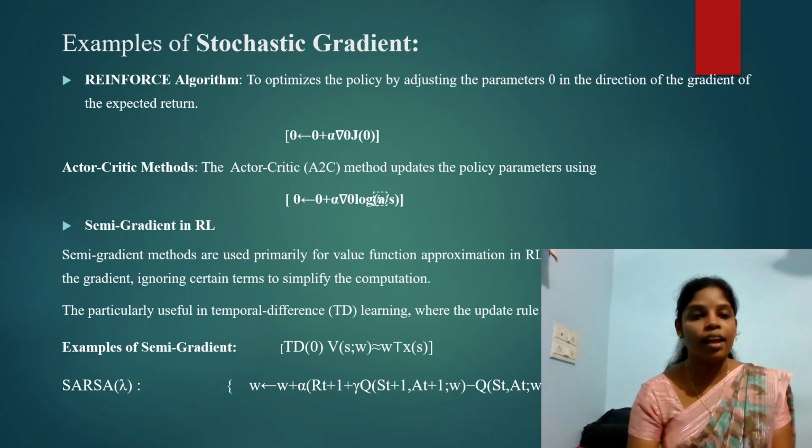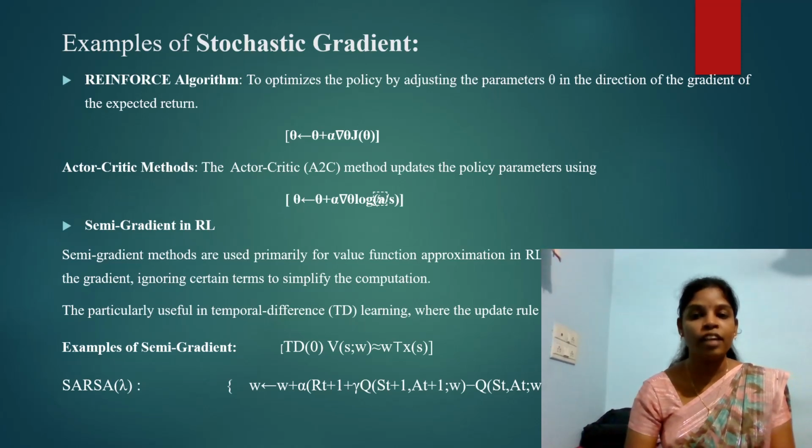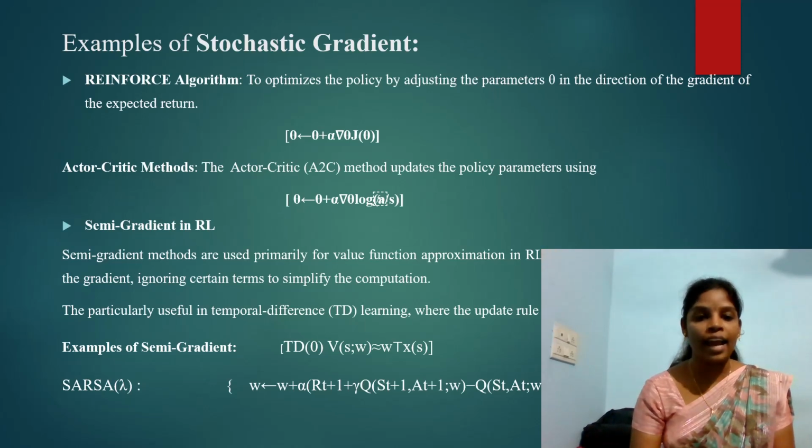Next algorithm: semi-gradient reinforcement learning. This method applies to value function approximation in reinforcement learning, using an approximation of the gradient and ignoring certain terms to simplify the computation.